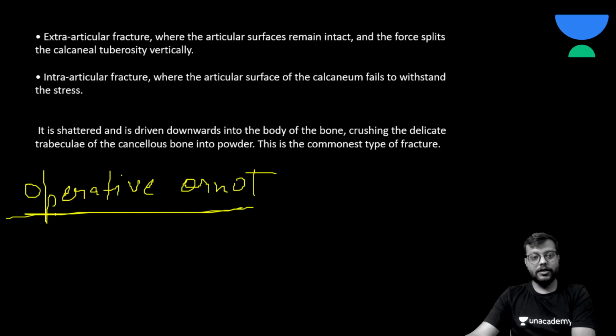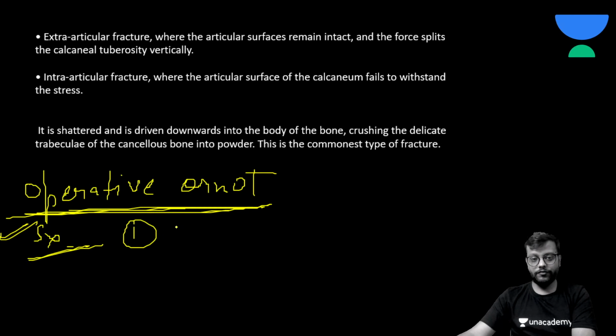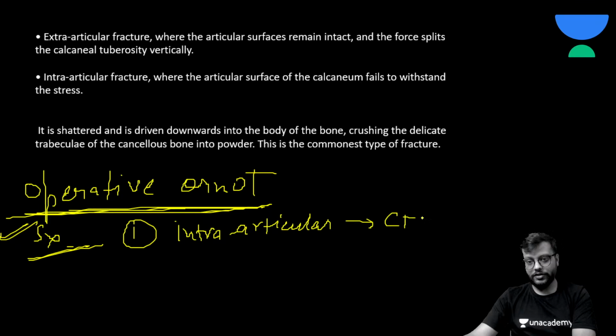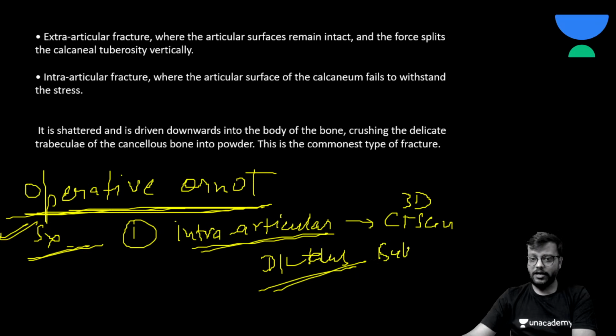So basically, what are the indications to go for surgery in case of calcaneal fractures? First and foremost, if it is intra-articular, you have to go for the CT scan, the 3D CT scan, and you have to see the dislocation of the talus, you have to see the subtalar joint and the talocalcaneal joint.